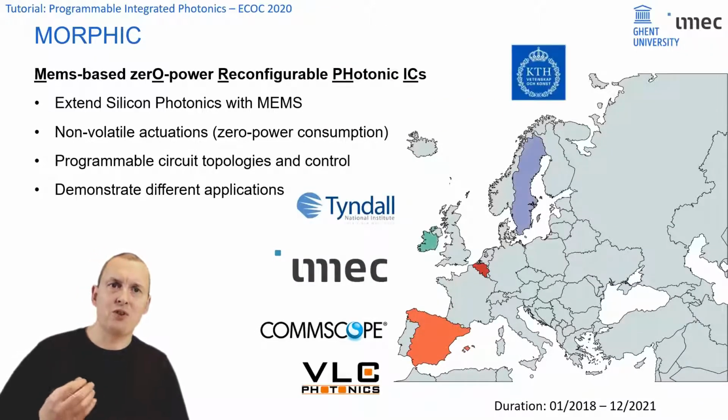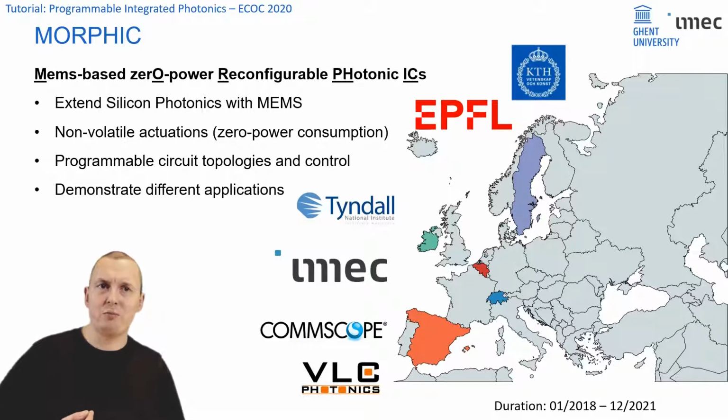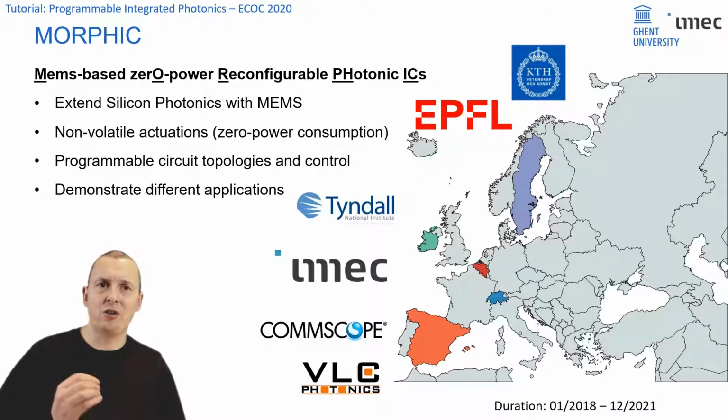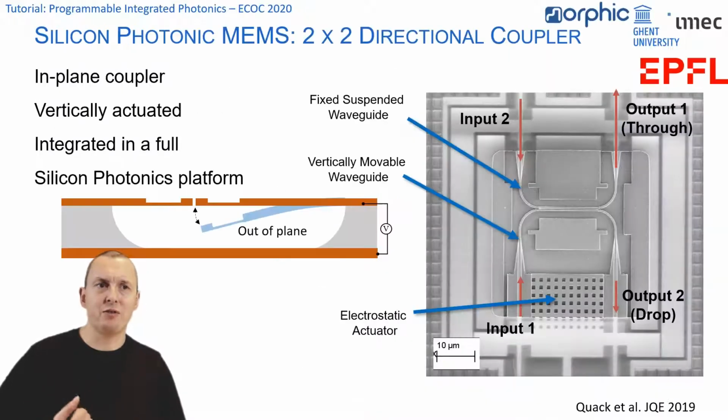And that's what we're trying to do in the European project MORPHIC, which is a collaboration of 6 partners within Europe, is to try and integrate MEMS silicon photonics together with all the other silicon photonics functions that have already been proven, like modulators and photodetectors. And with quite some success.